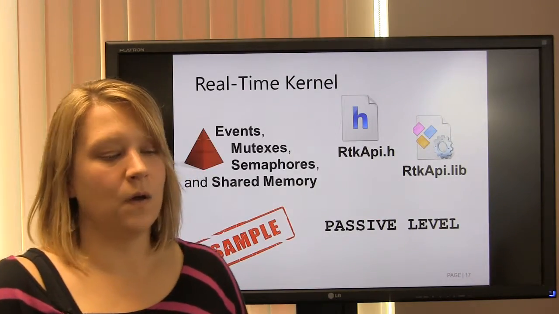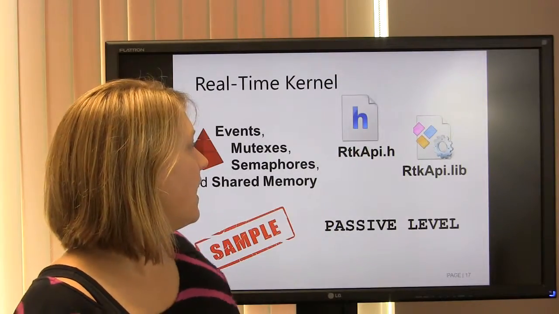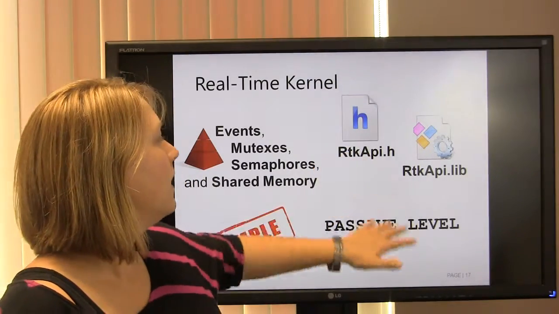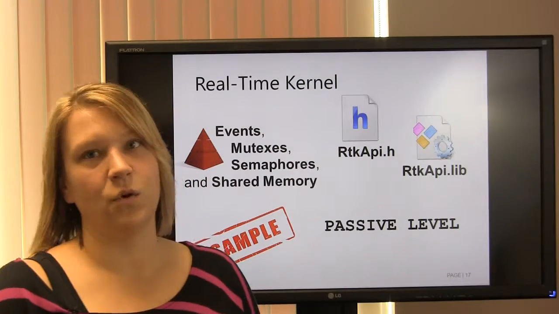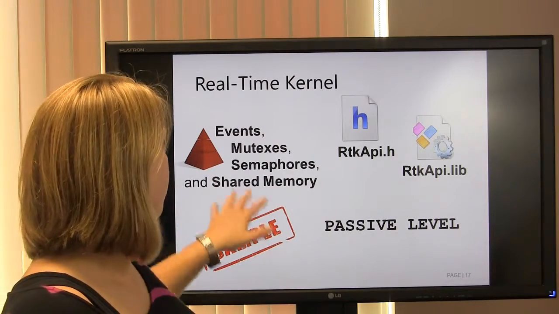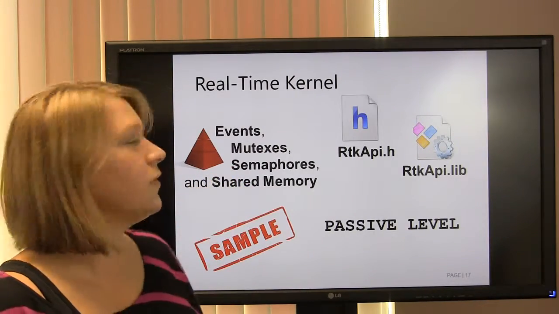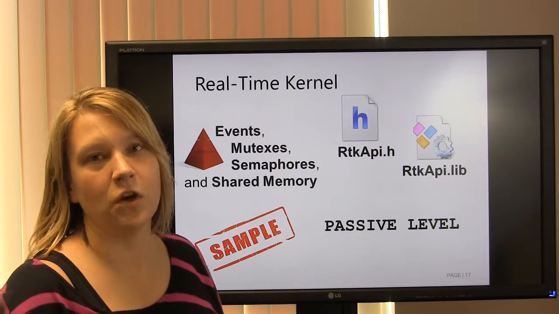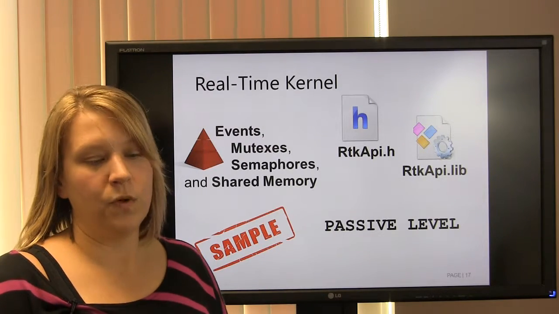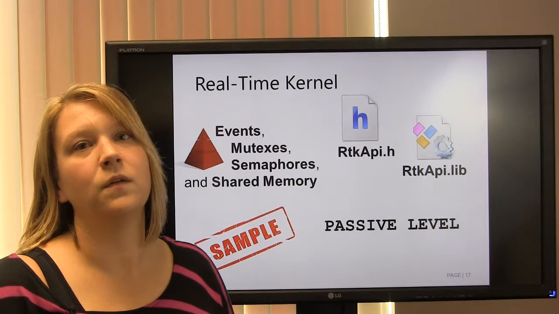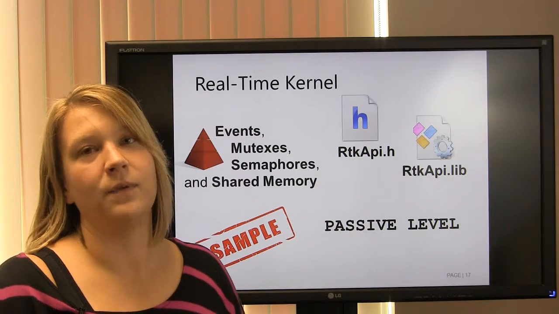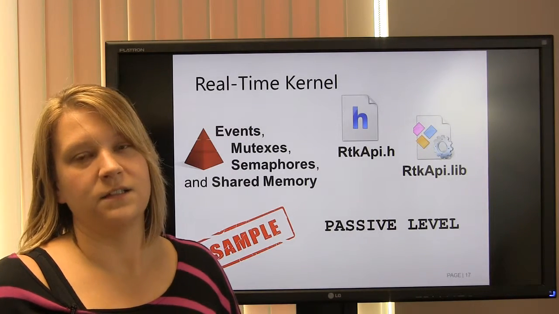Okay, so if you can see here, we've got an RTK API.h, which is the header file, and a lib file that you would link into your Windows driver. It provides functionality for mutexes, events, semaphores, and shared memory. So you can do pretty much all the IPC functionality that you could do between a Windows user level application and RTX64.